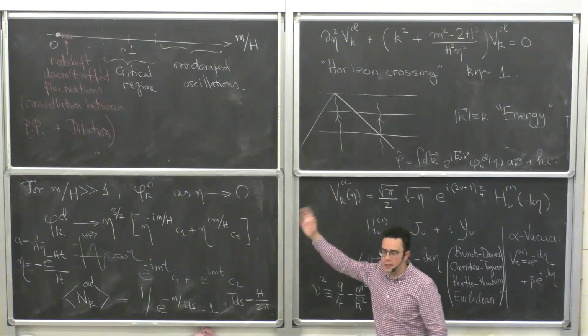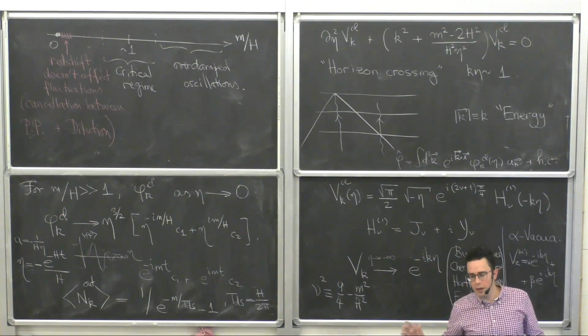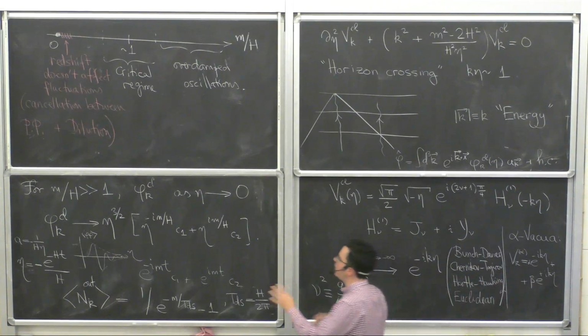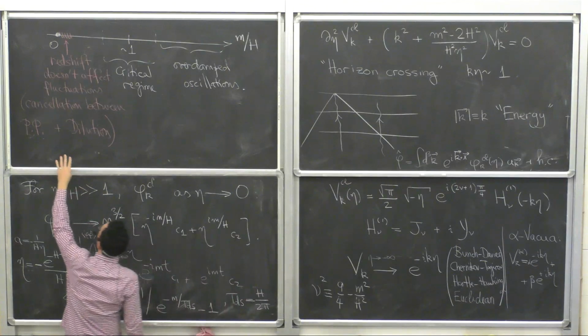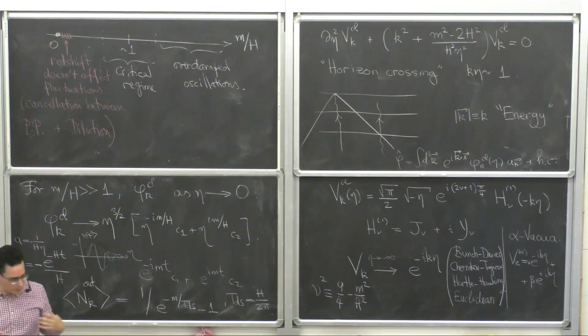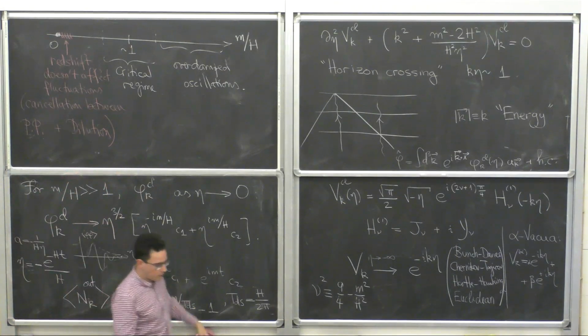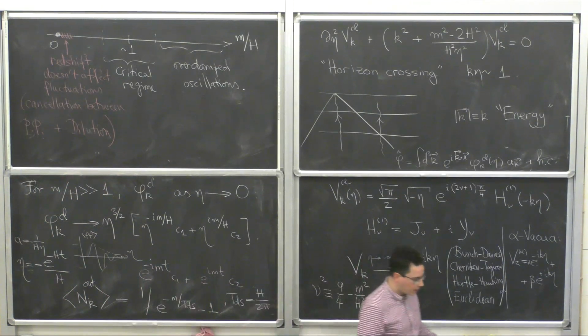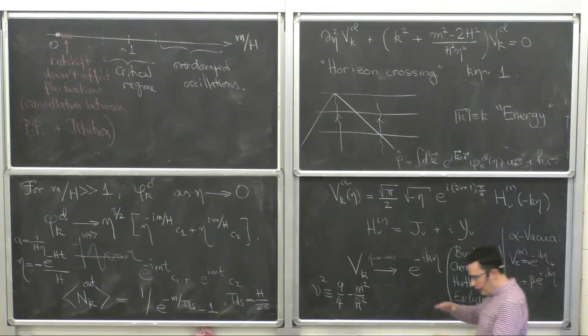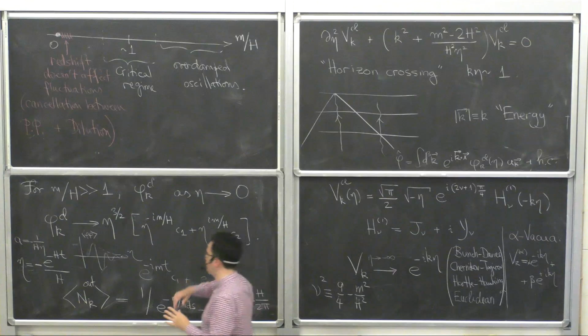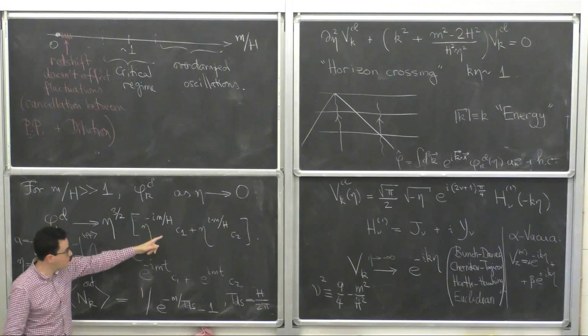So there is a clear sense in which massive particles fall into three representations. The massless particle is called the discrete representation of the de Sitter group. Then the light particles, before the critical regime, are called complementary series representations. They really have power law behavior. The decay is not oscillatory.